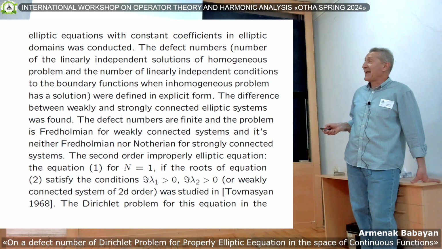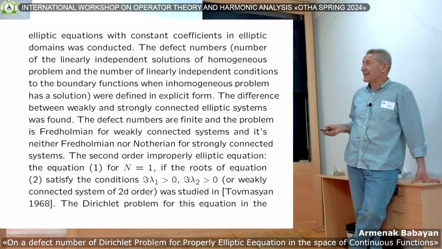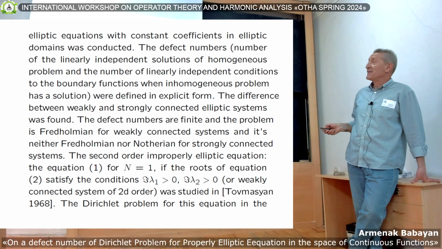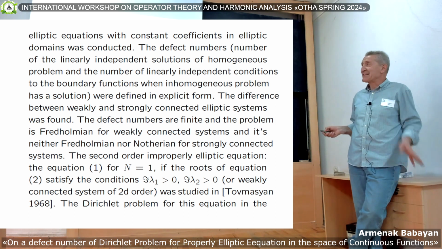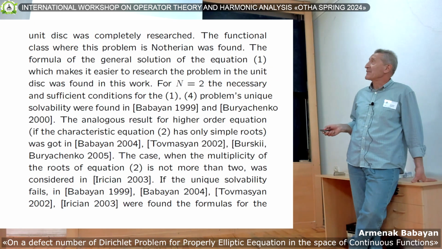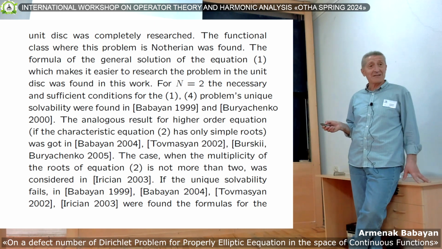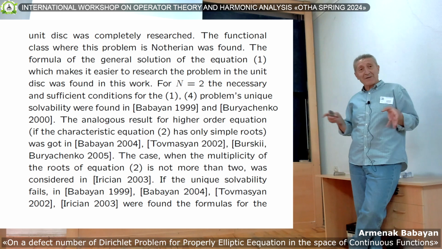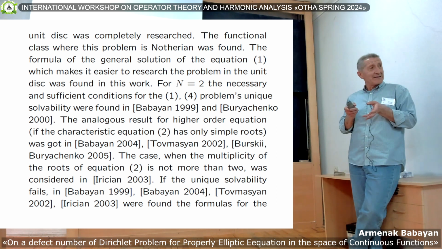In 1968, Tovmasyan completely studied this problem, and the functional class where the problem is Noetherian was mentioned. This class of functions will be analytic functions inside the unit disk.